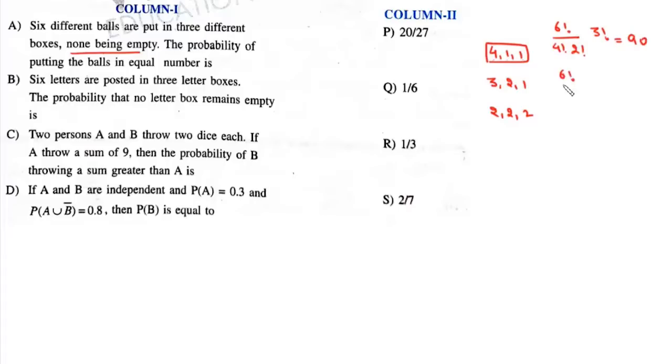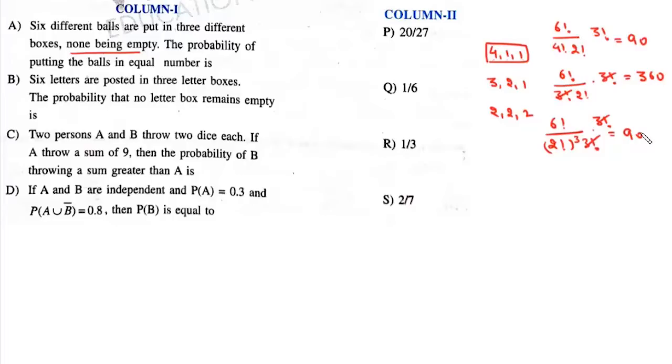It will be factorial 6 divided by factorial 3, factorial 2, and again we have to distribute them in 3 boxes, so factorial 3 gets cancelled. Then it will be 360. And finally, factorial 6, then factorial 2 three times divided by factorial 3, and then we multiply with factorial 3, which gets cancelled. Here it will again be 90.